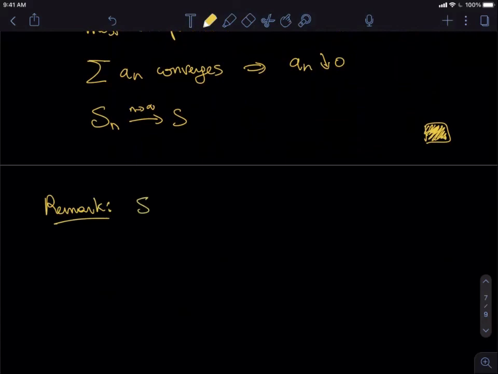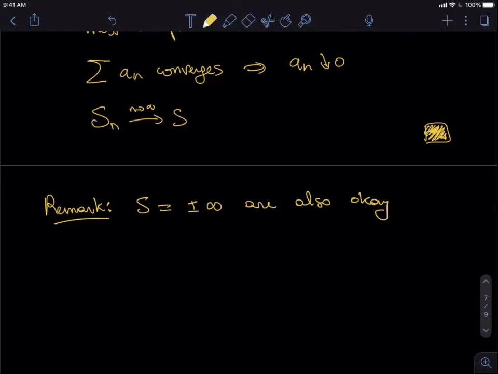We can also choose the target as infinity or negative infinity. We can decide to make the rearrangement diverge. Okay, how do we do this? Let's say we want the rearrangement to go to infinity. We only need to pick positive terms and reach 1,000,000, and then add one negative term.